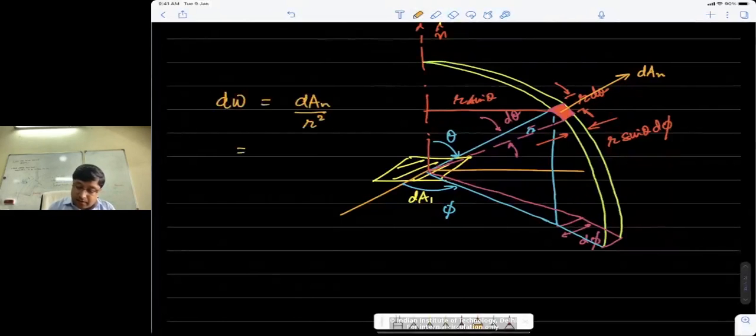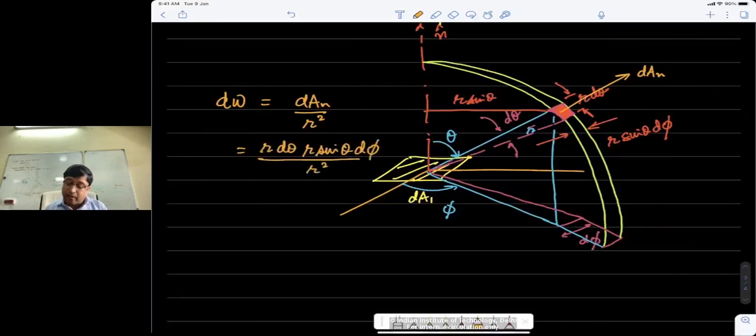Now, this elemental area can be written in terms of d theta and d phi. So this will be r d theta times r sine theta d phi, taking that as a rectangle because it's a small area, versus the distance square. And so d omega in spherical systems, as we will be using throughout now, will be sine theta d theta d phi. That's the smallest or the elemental solid angle that we will tackle when we do calculations on a sphere.